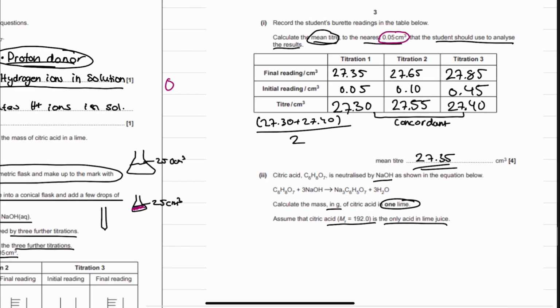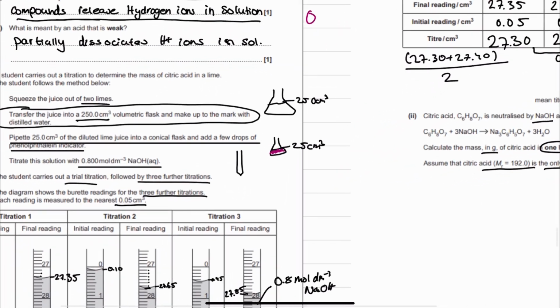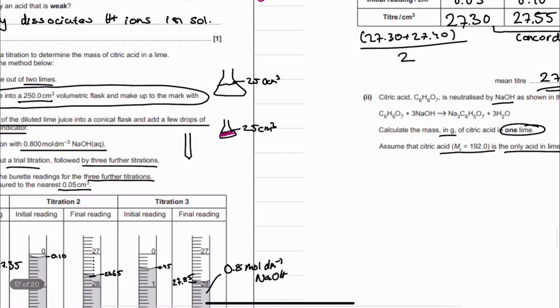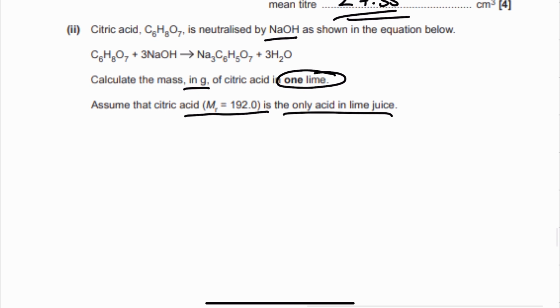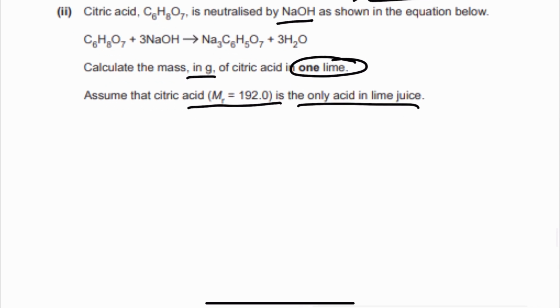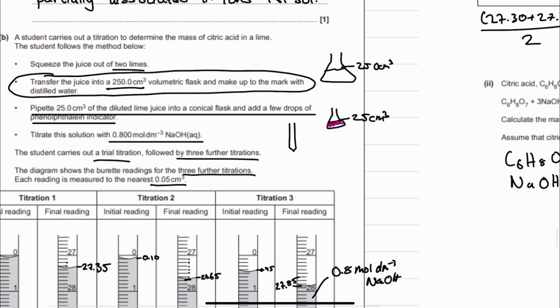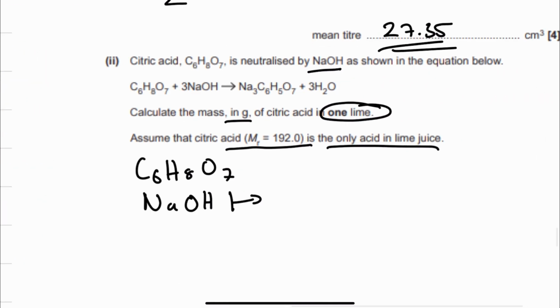So, going back to the question, I'm going to write out the 2 compounds that I'm concerned with, and that is the C6H8O7 and the NaOH. Using this information, I know that I've got 0.8 moles per decimeter cubed of NaOH.